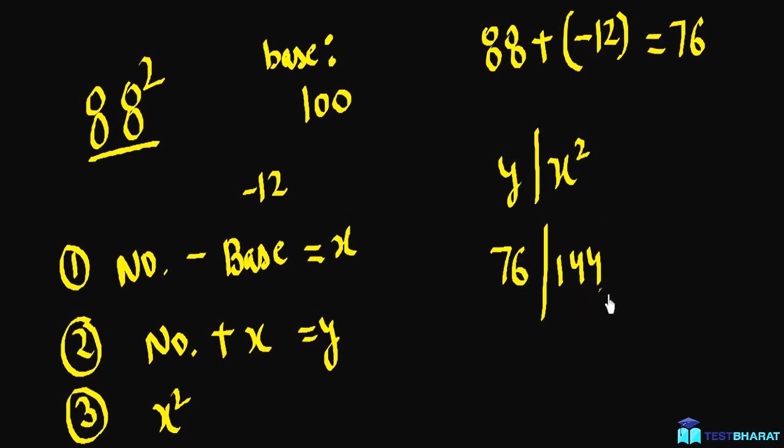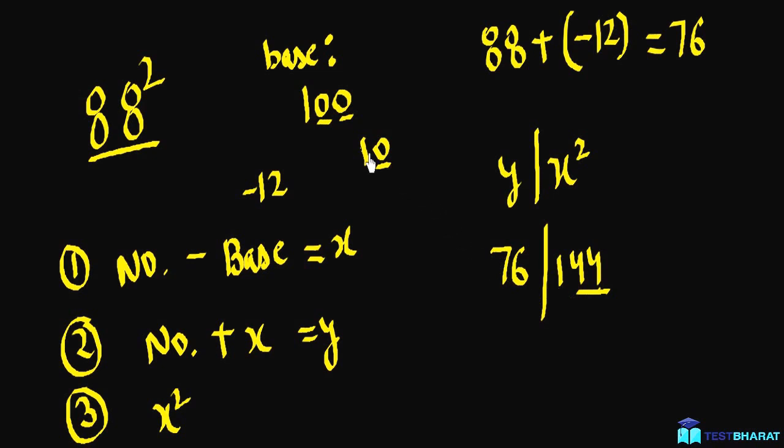Here I should note that my base was 100, so I can count the number of zeros, and the number of zeros here is 2. So in this 144, I will take only the last 2 digits because the number of zeros is 2. If my base were, let's say, 10, the number of zeros in 10 is 1, so I would have taken only 1 digit and the 14 would be carried forward.